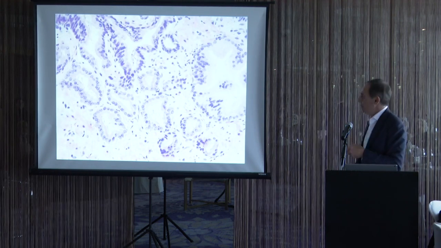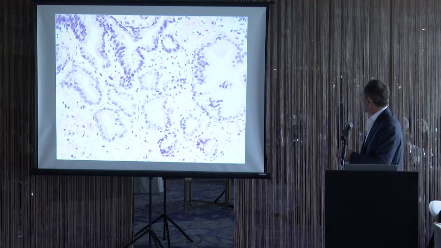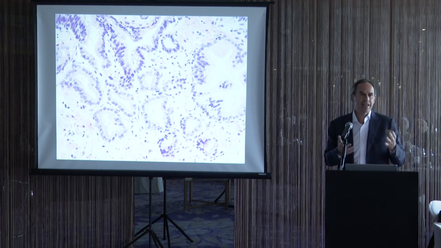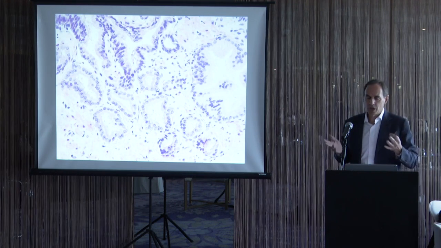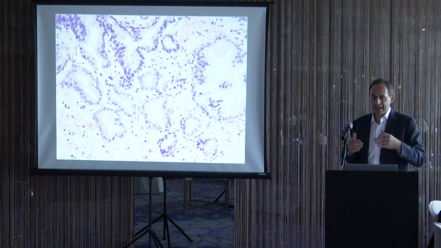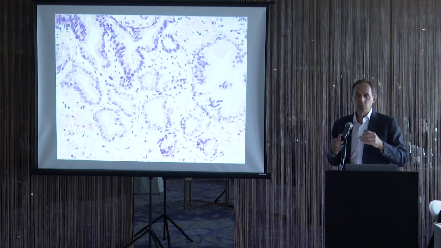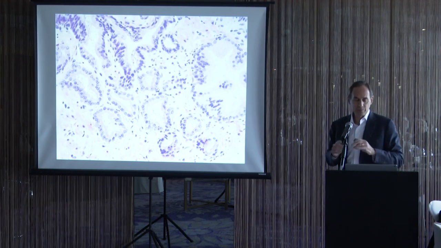Now, when you look at higher magnification, these are the high-grade PIN glands on the top. These are the questionable cancer on the bottom. High-grade PIN and cancer have identical cytology, just like any other in situ and infiltrating cancer in the body. So cytology is not going to be what distinguishes cancer from high-grade PIN. It's the architectural pattern.